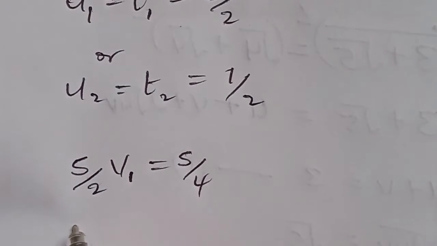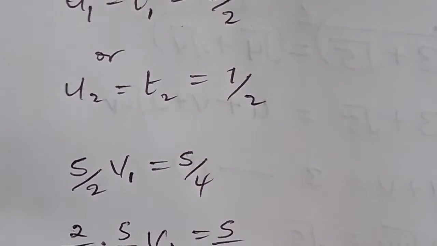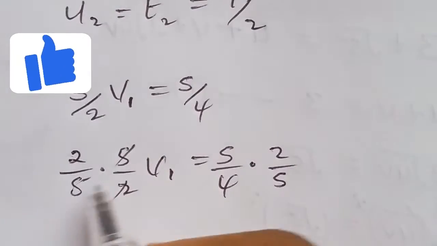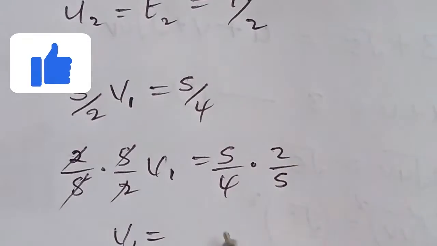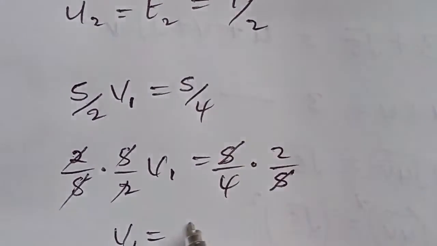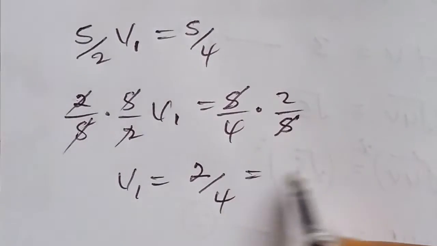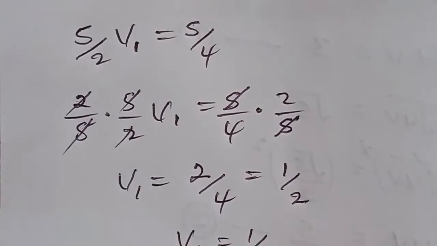So we have 2 over 5 multiplied by 5 over 2, v1 equal to 5 over 4 multiplied by 2 over 5. So here this cancels out with this. So v will now be equal to this multiplied by this. This can cancel out this. Okay, we have 2 over 4, and this will give us 1 over 2. So v1 equal to 1 over 2.